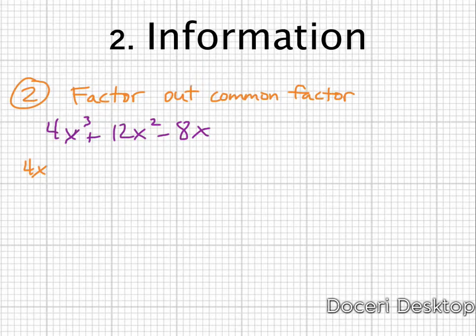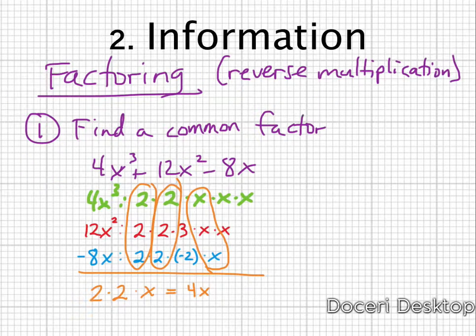And what that looks like is, I have to think to myself, if I pull out or undo multiplication by 4x, what do I multiply 4x by to get what I started with? So if I start with 4x, what am I going to multiply 4x by to get 4x cubed? Well, we can actually go back to our common factor.